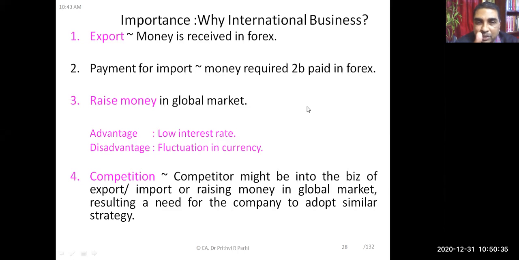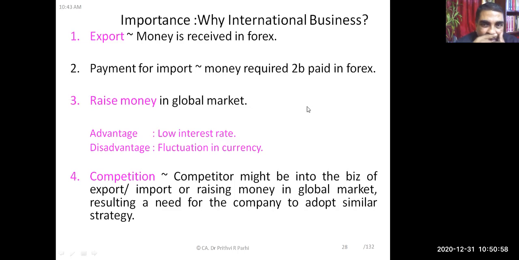And when you do import and export, at the same time you have to deal with various foreign exchanges, which keep on fluctuating. So there is a need to understand this fluctuation and its impact on your business.